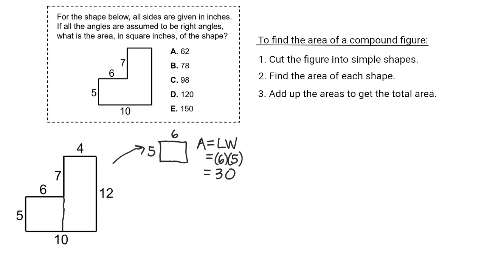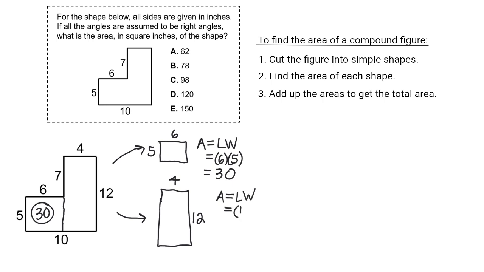So now I get to the other figure. Now go ahead and do 30, circle that one. So now we have the other rectangle. Looks like it's 4 and 12. That area is length times width, which is 12 times 4, equaling 48.